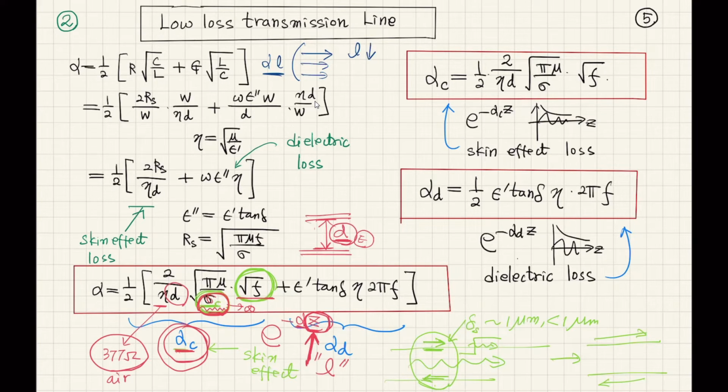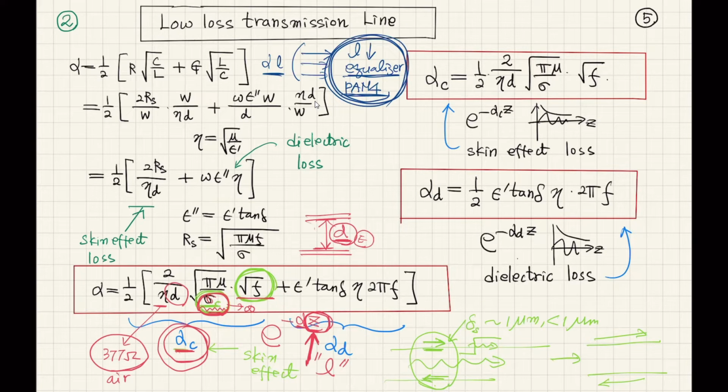Second approach is equalizer. Third approach will be PAM4. These three subjects will be the main discussions of my class on Wednesday and next week. So equalizer is one way to overcome these high frequency losses, and PAM4 is another way to increase the data rate with this kind of limitations.